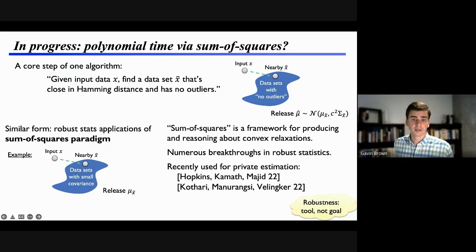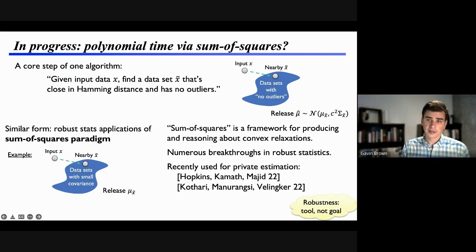So sum of squares is a framework for producing and reasoning about convex relaxations. It's used beyond statistics, but it's resulted in numerous breakthroughs in robust statistics in the past 8 years. And it's been recently used in 2 papers for private estimation, work by Hopkins, Kamath, and Majid, and by Kothari, Manurangsi, and Velingker. And we'll see, this list is going to grow quite a bit in the next few years, I strongly suspect.